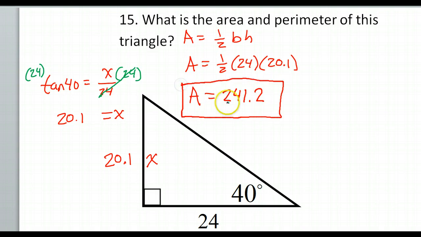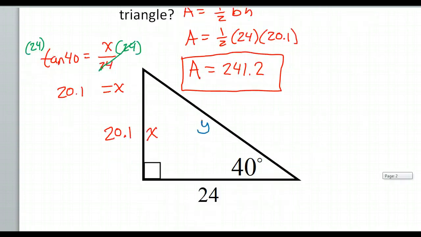So that is the area. Now we need to find the perimeter. We need area and perimeter. Of course, the perimeter is the sum of all the sides. So to find that, we're going to need to find this other side, which I'm going to call y.